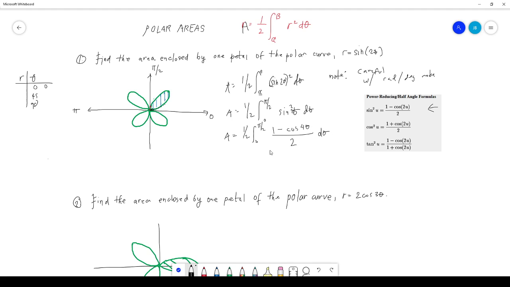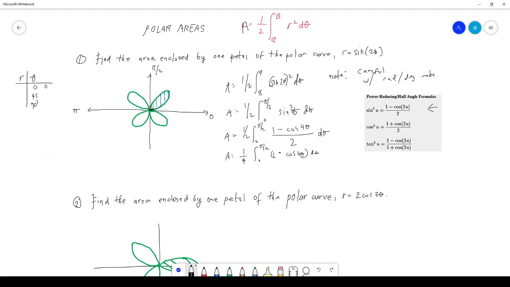So now we can easily integrate this one. So area is equal to 1/2, times 1/2, that's 1/4, then the integral of 1 minus cosine 4 theta d theta.